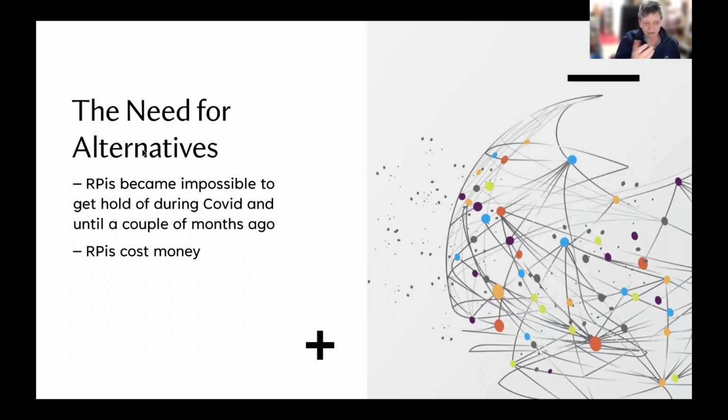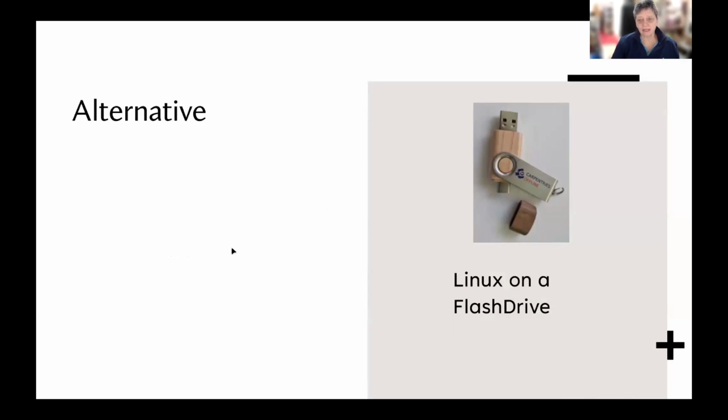And then, of course, most people already have a laptop or a computer available. So how can we use what they have? What I came up with was Linux on a flash drive. And I was able to use some of my funds to have nice flash drives, supposed to be eco-friendly because they're wood, and with a logo.